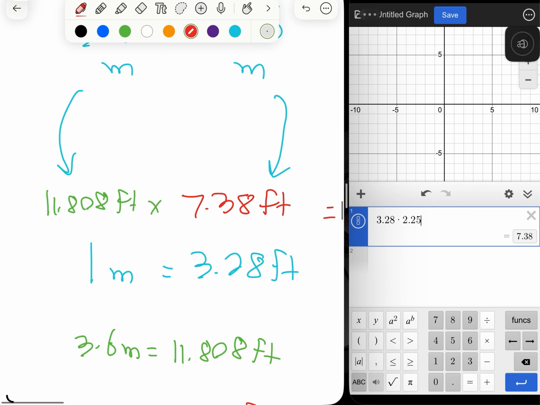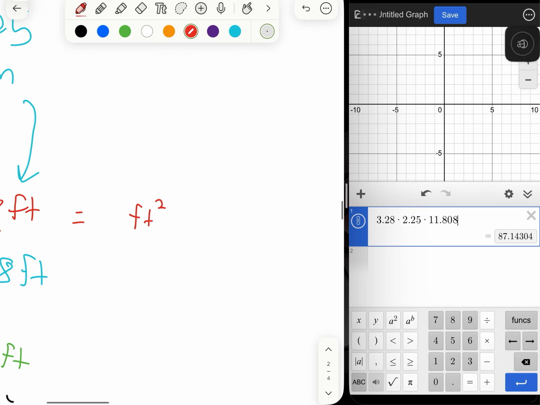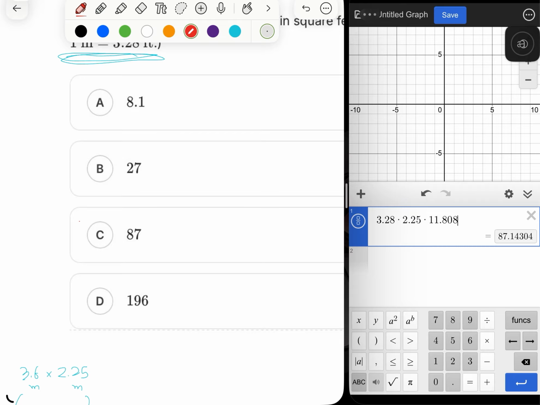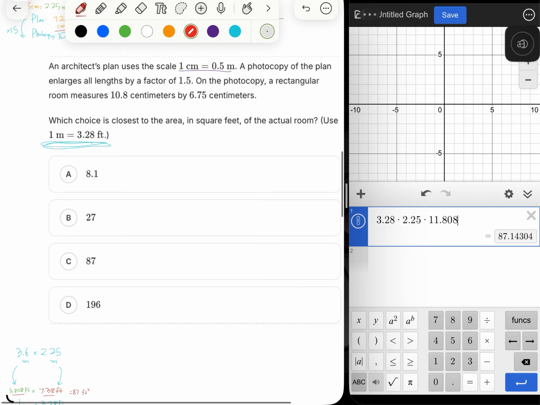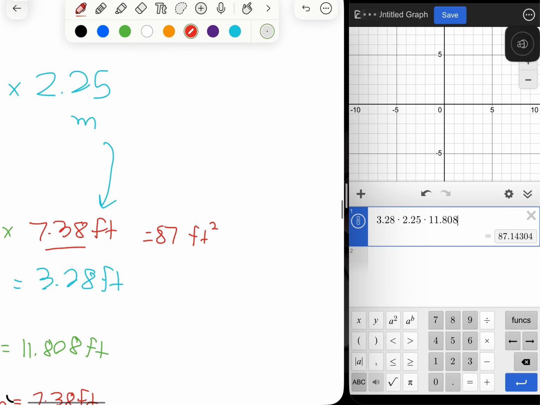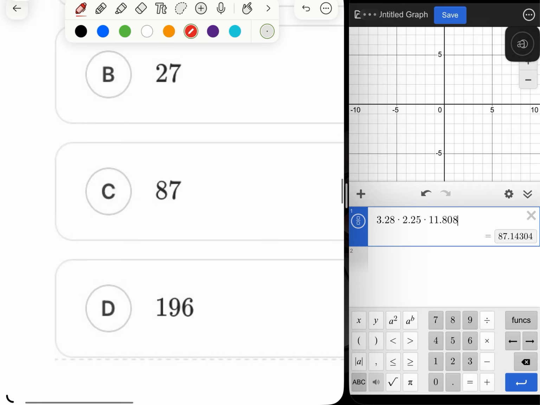And if you multiply these two numbers here, I'll just do that here on decimals, we get around 87. I'm rounding to the nearest whole number because all these answer choices, well, most of them, are whole numbers, and it says closest to the area. So we got around 87, which matches answer choice C.